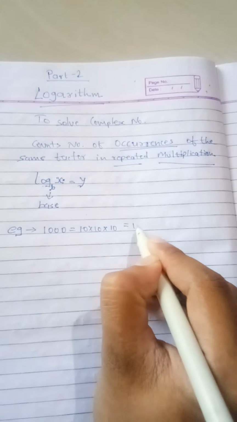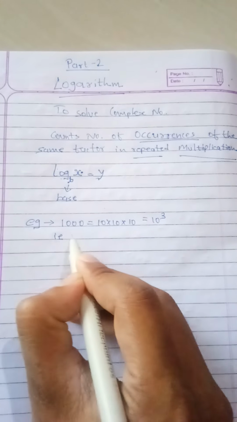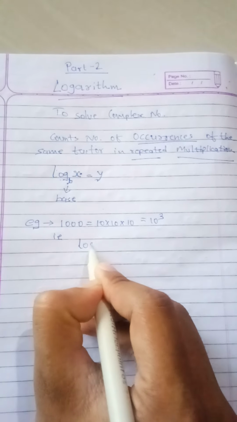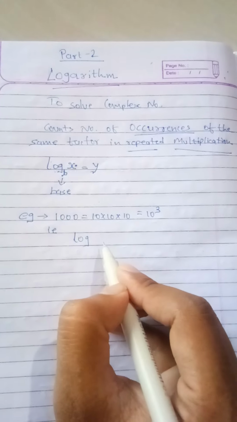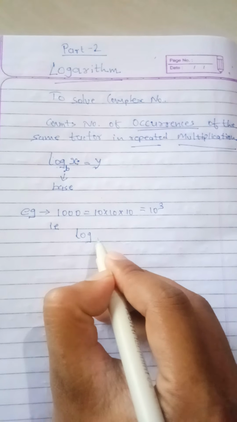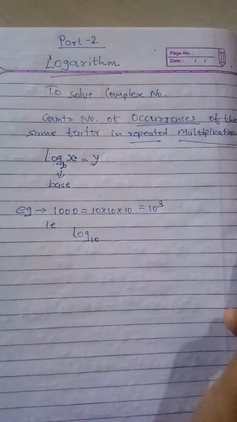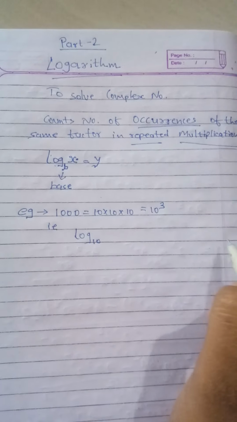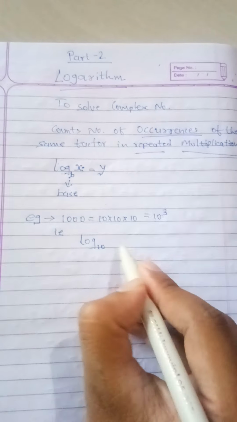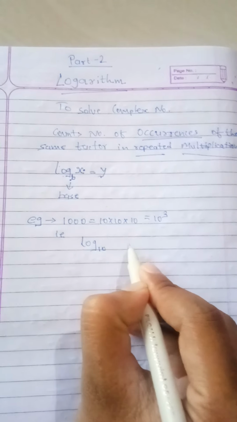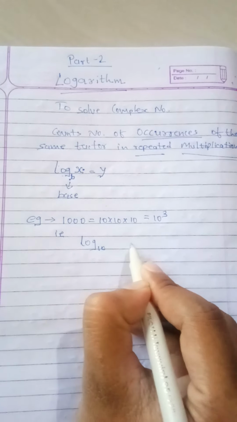If I want to convert it into logarithm, how can I write it? Log of what is repeating here? 10 is repeating, so we will write 10 as a base. How many times is it coming? 3 times. And what is the answer? 10 cube, which is 1000.